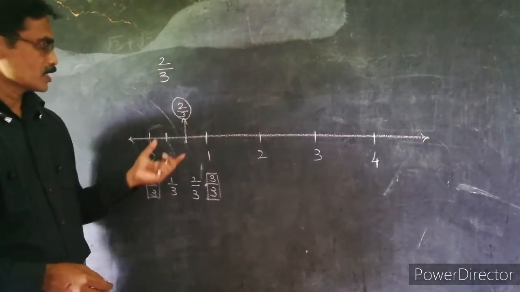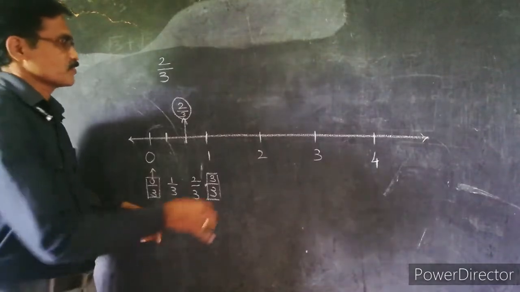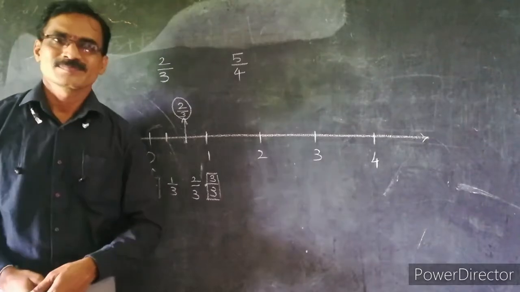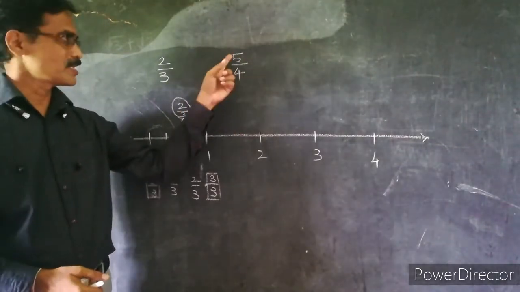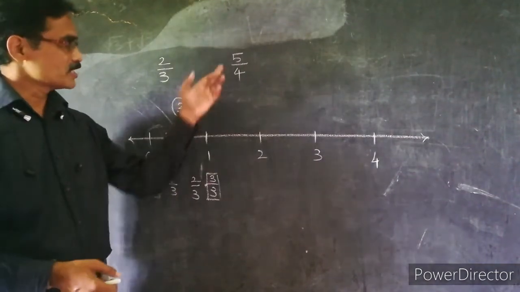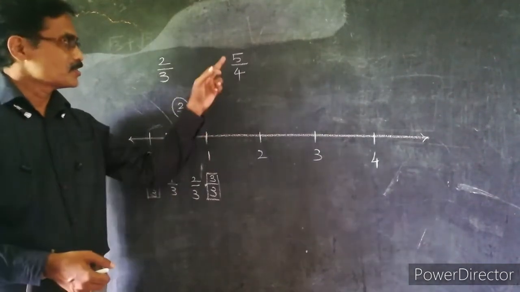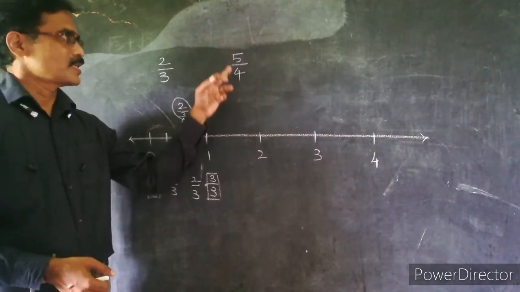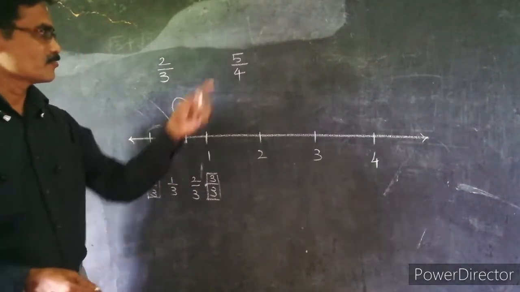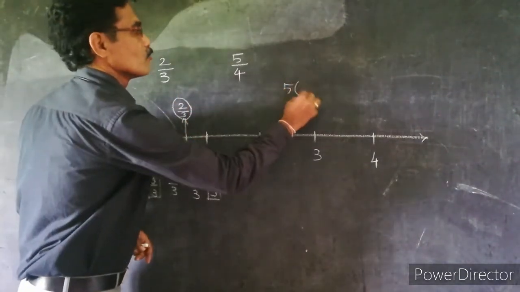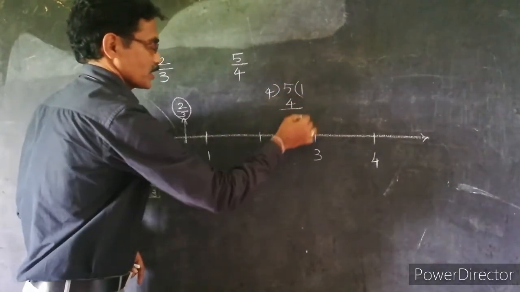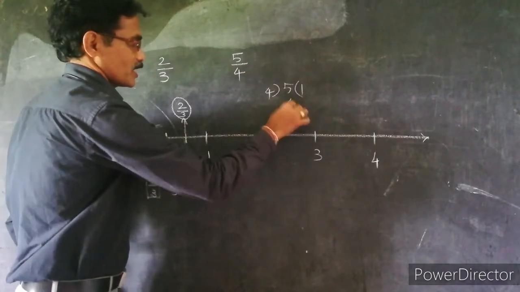Let us take one more example, 5 by 4. This is an improper fraction, because the numerator is greater than the denominator. If it is an improper fraction, you have to divide the numerator by the denominator. 5 divided by 4: how many times will 4 go? 1 time, 4 ones are 4, and the remainder is 1.